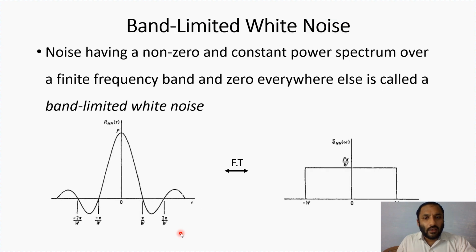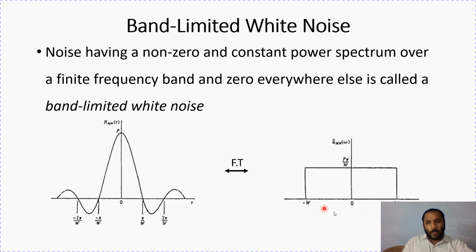Now this is a second kind of noise called band limited white noise. As the name suggests, this is the noise that will have non-zero power density only in a certain frequency band. Look at the picture here. This is the power density spectrum.